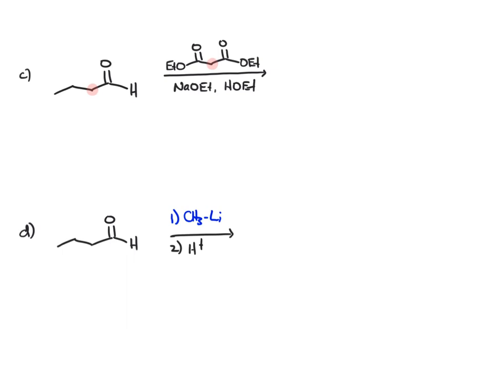So let's draw that. Just draw the enolate of this in blue to keep track of it. Get the negative charge. Then that reacts with butanol.